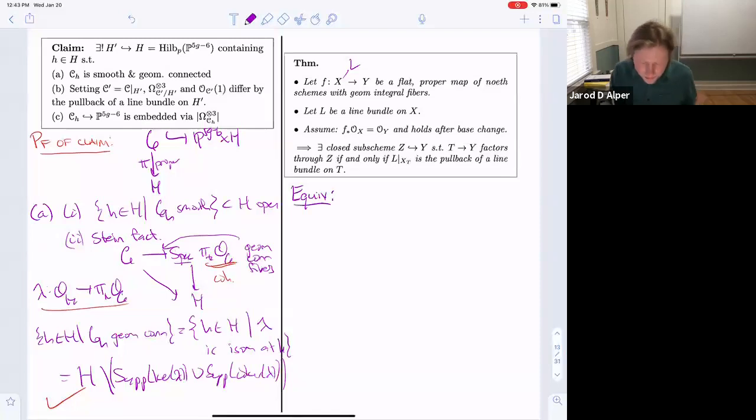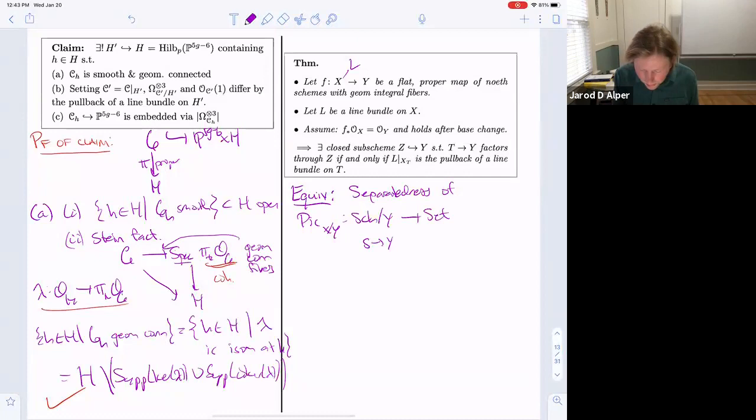So I want to say that this theorem is also equivalent to the following fact. It's equivalent to the separatedness of the relative Picard functor, where schemes over Y to sets, where an S to Y gets mapped to Pic of X cross Y over S, and then you mod out by things from the pullback.